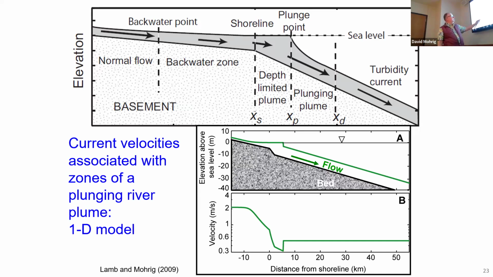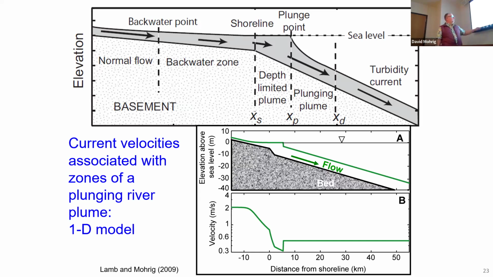So we made a really simple 1D model that took in all the relevant hydraulics to understand what actually controlled that plunging. This is a cartoon showing all these different zones that you have to take care of. You have to have normal flow, gradually varying flow, a depth limited plume, and then you have to have plunging dynamics. It's actually surprisingly complicated even in a 1D model.